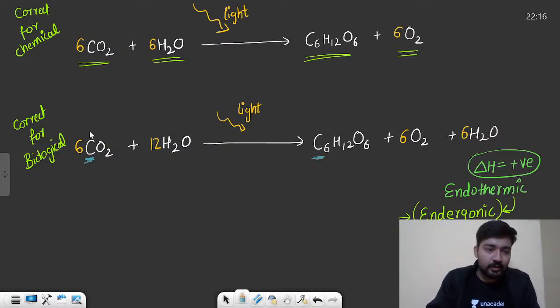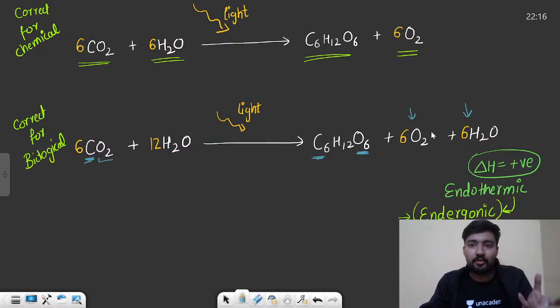So these 6 atoms of carbon go into the 6 atoms of glucose. Now we have 12 oxygen, right? O2 times 6 is 12 oxygen. Now where are these 12 oxygen atoms going? Arguably the 6 are going here, but the remaining 6 can be here or they can be here.